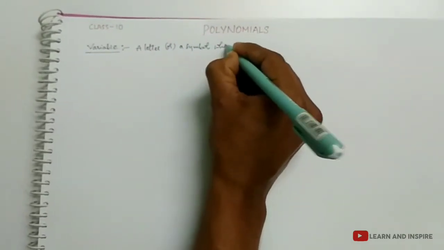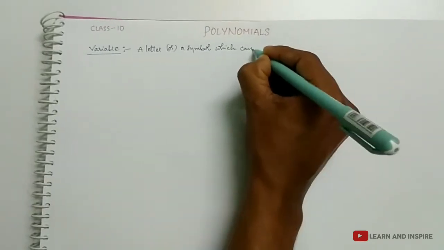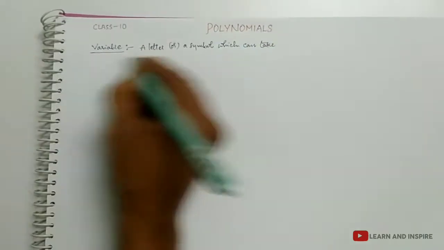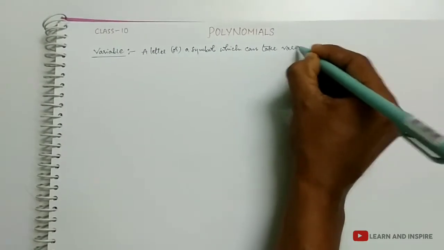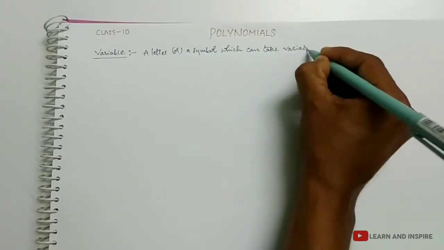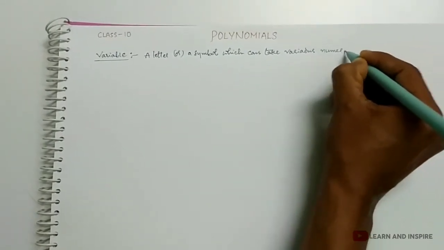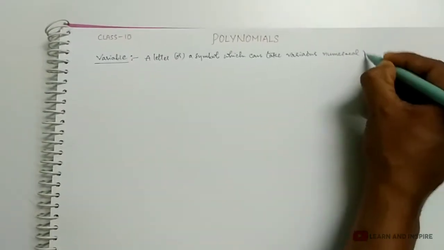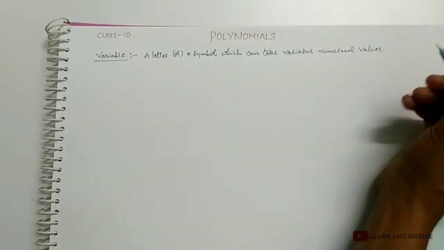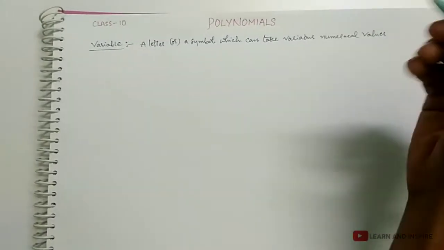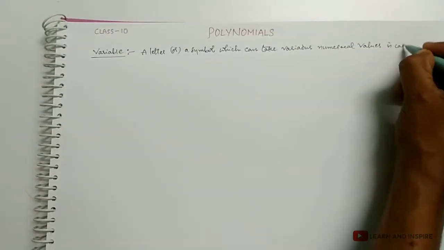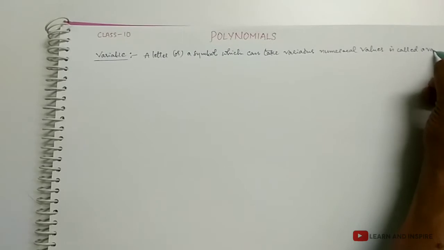So a letter or a symbol which can take various numerical values is called a variable.